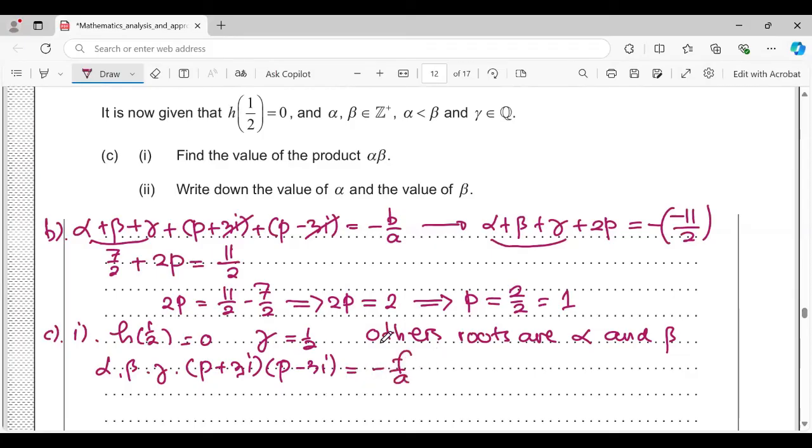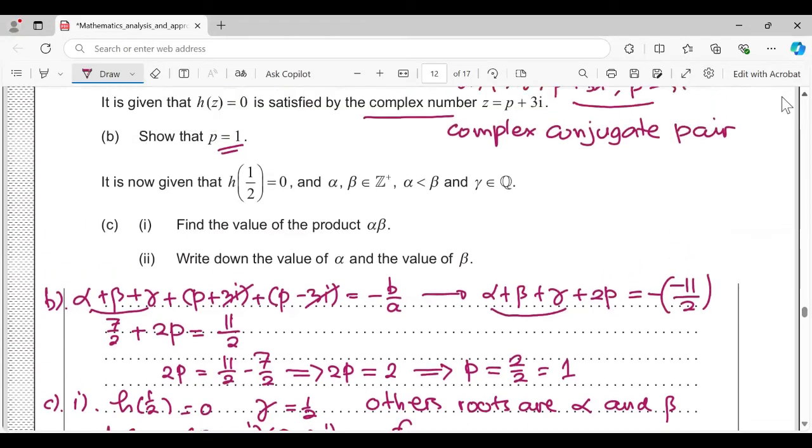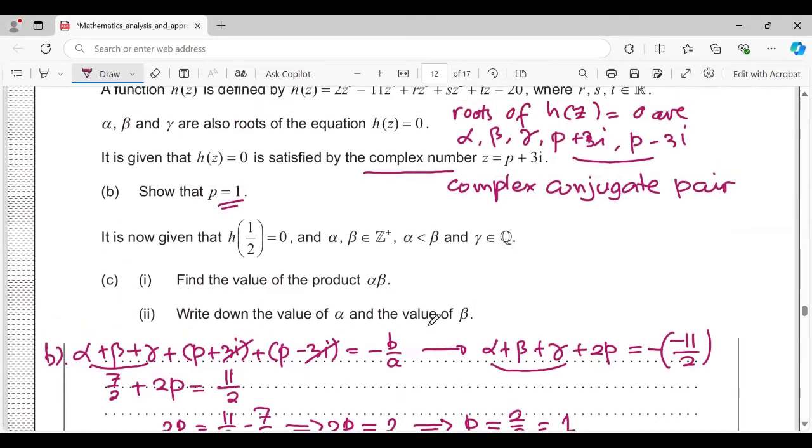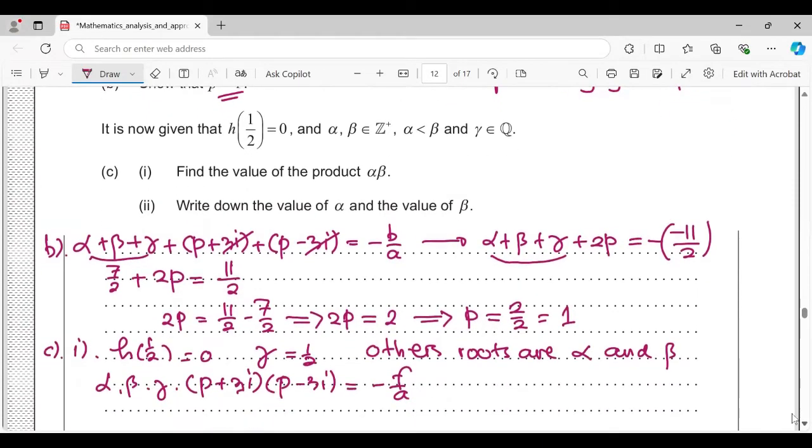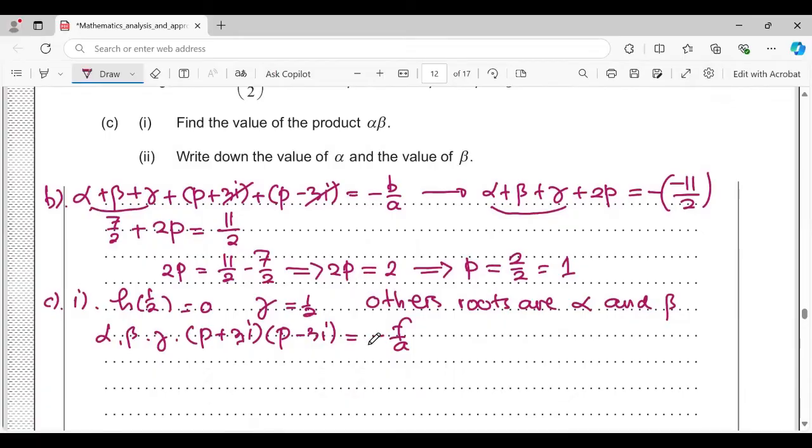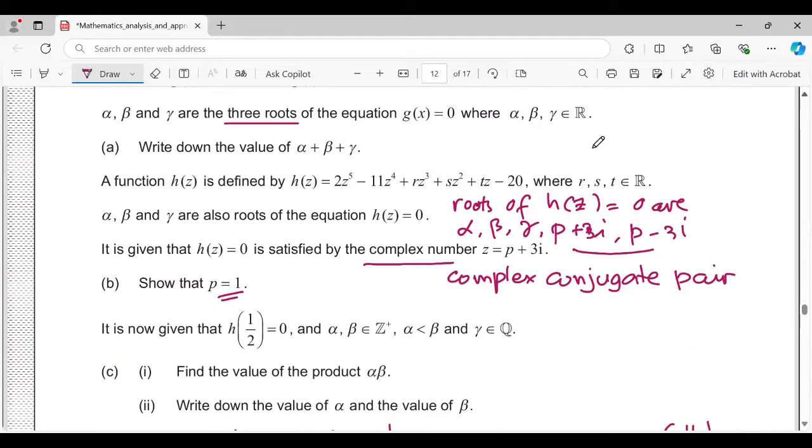This is Vieta's theorem for a quintic equation. So if all roots are multiplied, it equals minus f over a. Minus f is minus of minus 20 over 2.